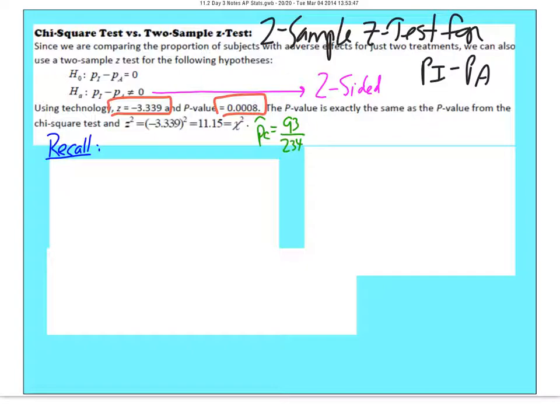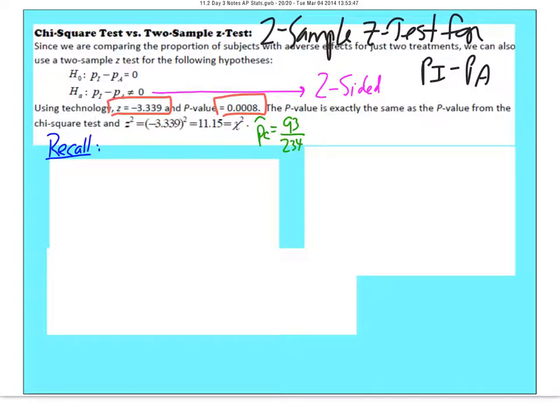Based on this, we're going to make the exact same conclusions, and we're going to say because the p-value is less than 0.05, we reject H0 and we conclude that there is a difference between the proportion of the test people based on this medicine.